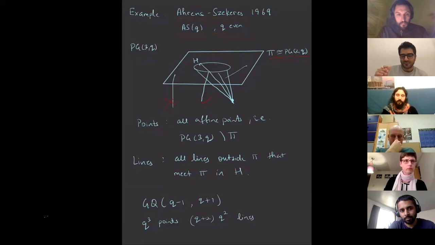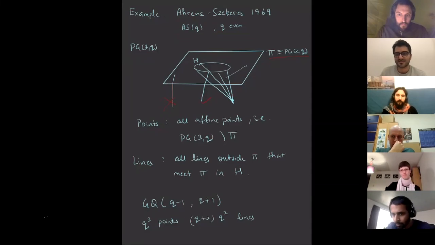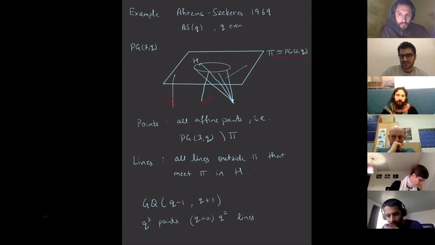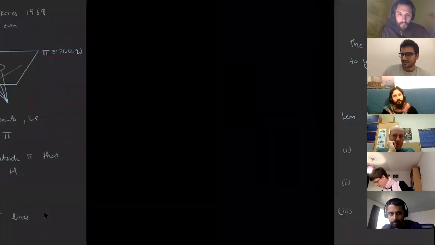Their motivation, except for constructing new generalized quadrangles, was also to understand, no, definitely not. GQs are all over the place. There is no classification. But their motivation for this construction, it's a nice fact, came from this algebraic geometry thing.